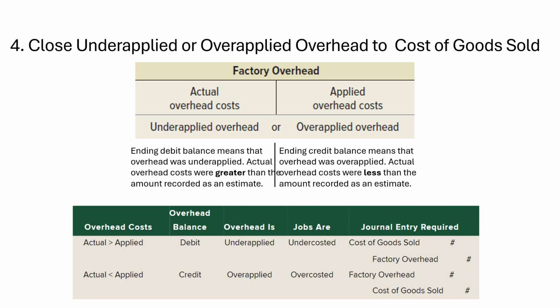Then during the year, the company records actual overhead costs with debits to the factory overhead account. At period end, we determine whether the applied overhead is more or less than the actual. So this slide is very important to help you understand that a little bit better because it's very confusing.